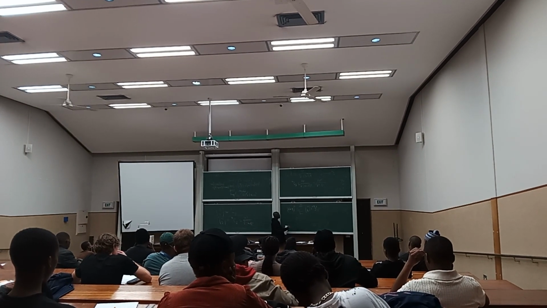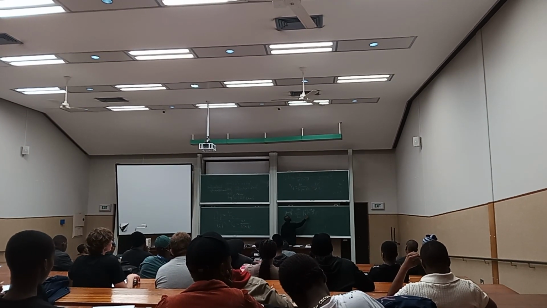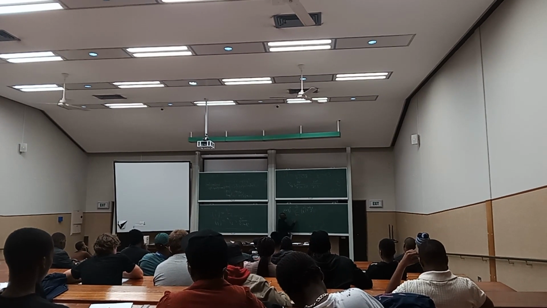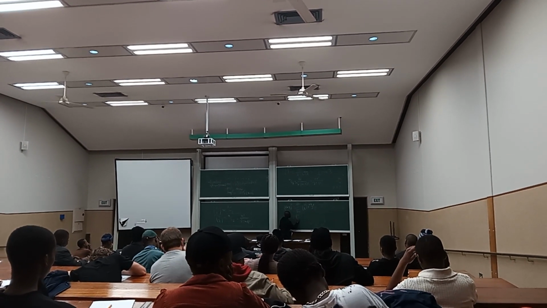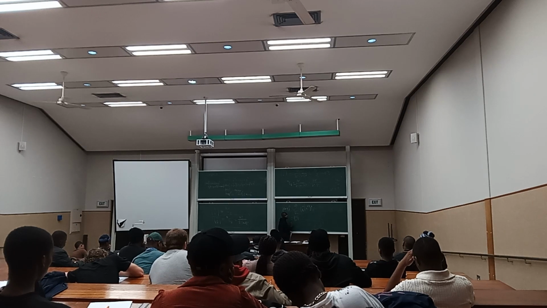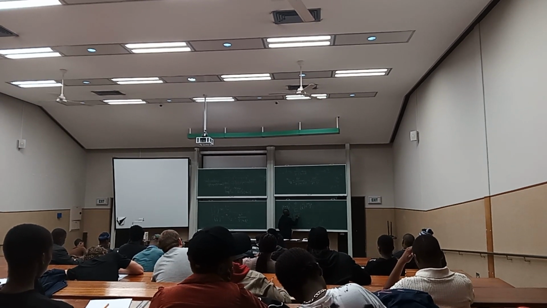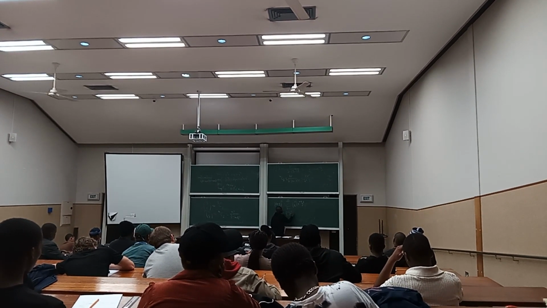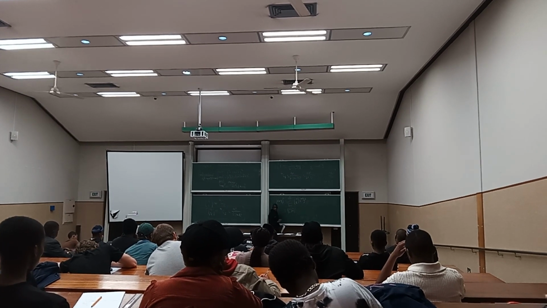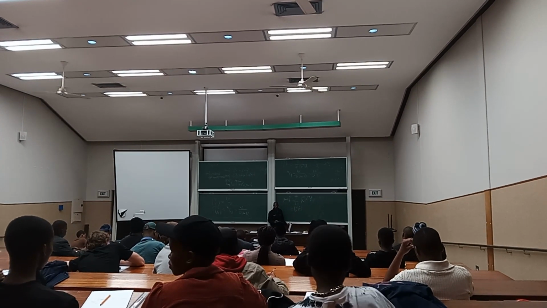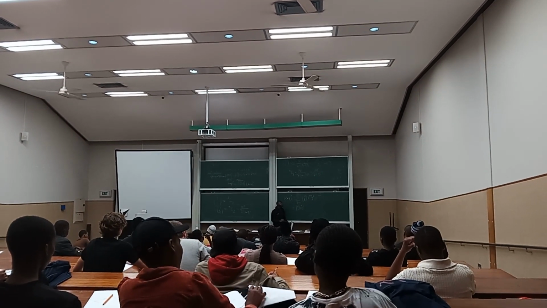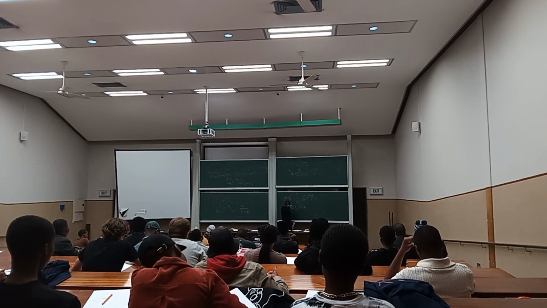Okay? So for k equal to 0, I just need to plug 0 there. So I'm going to have what? N choose 0, x to power n, y to power 0. That's the first term. Okay? The second term, k equal to 1.